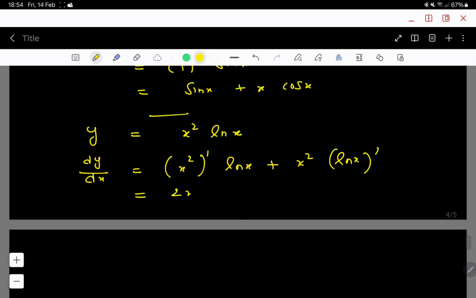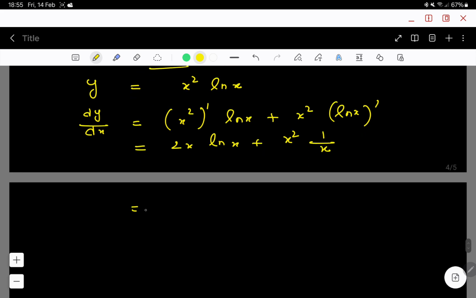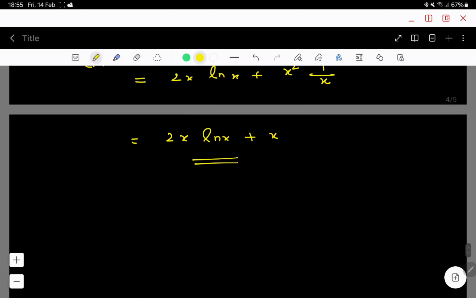Differentiation of x square is 2x into ln x plus x square, differentiating ln x is 1 by x. So we get 2x ln x plus, x square by x is x, that's all. I am doing a very simple problem, easy to understand.